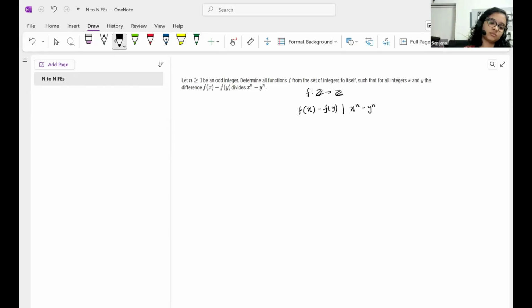Yes, so identity does work. Yes, you're right. So f of x equal to x raised to k also works, where k divides n. And this is because of the thing we just proved. So the condition would be this. And we know this is true because we just proved it.